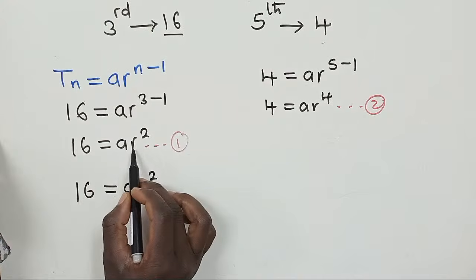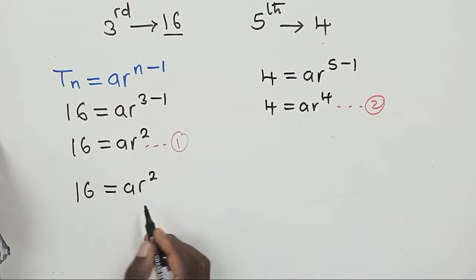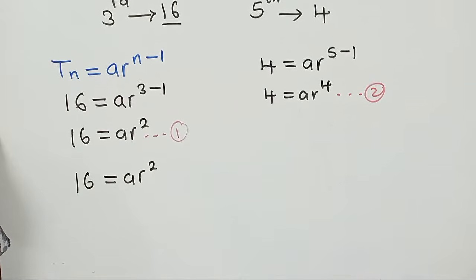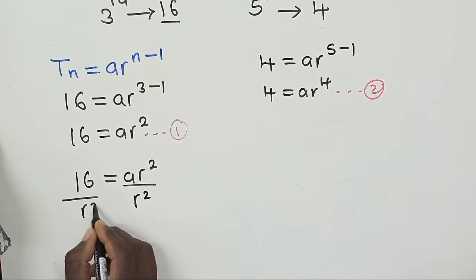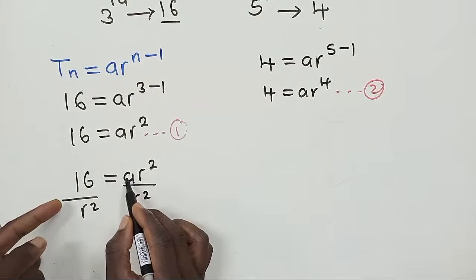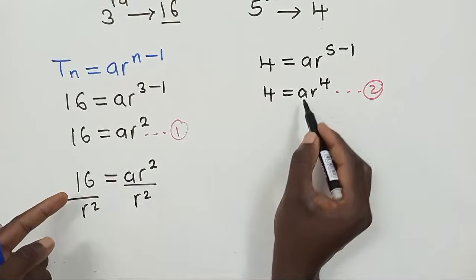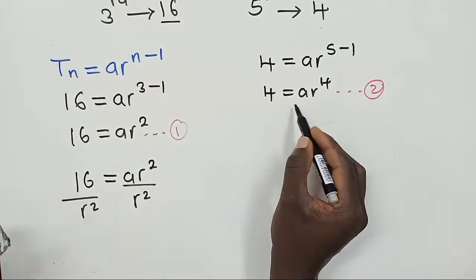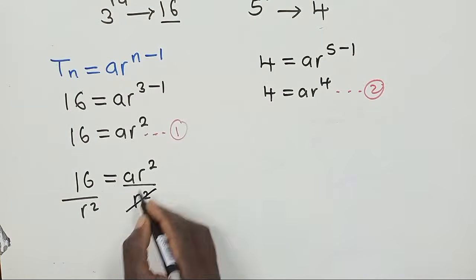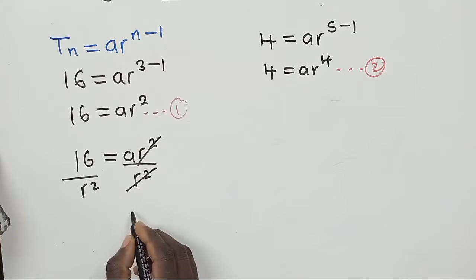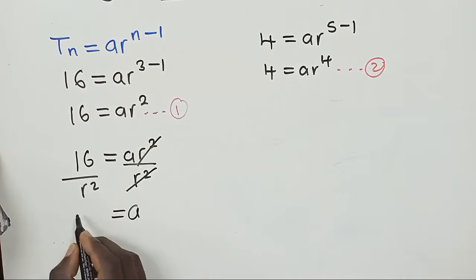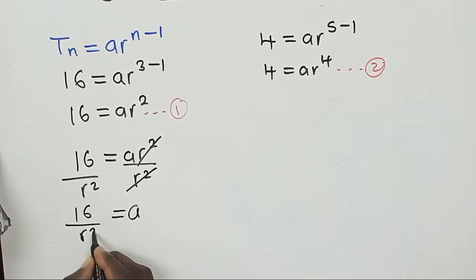So I'll make A the subject of the formula, by dividing by r squared. I want to find A here so that I come and plug it in the next equation. So this r squared and r squared will disappear. We will remain with A is equal to 16 over r squared.